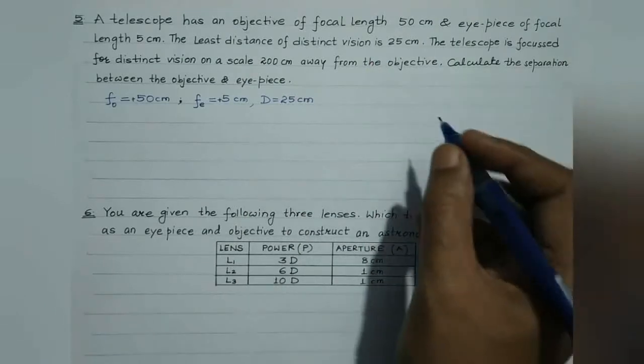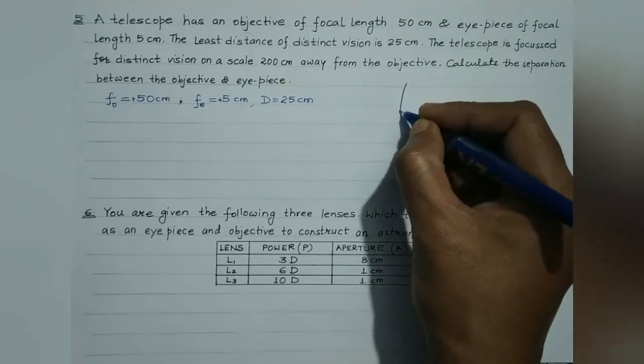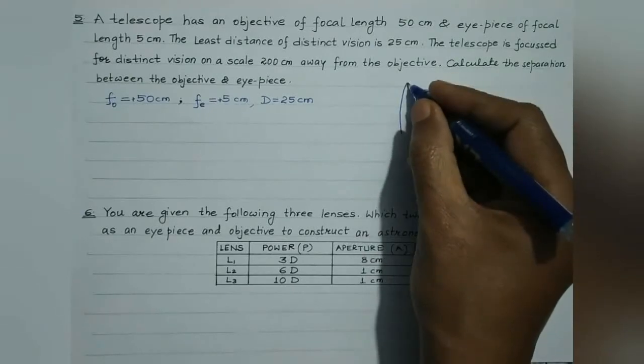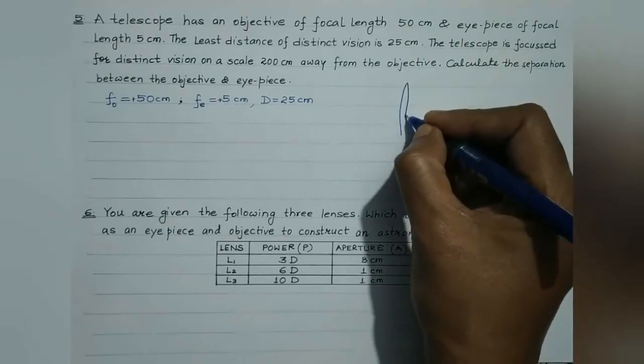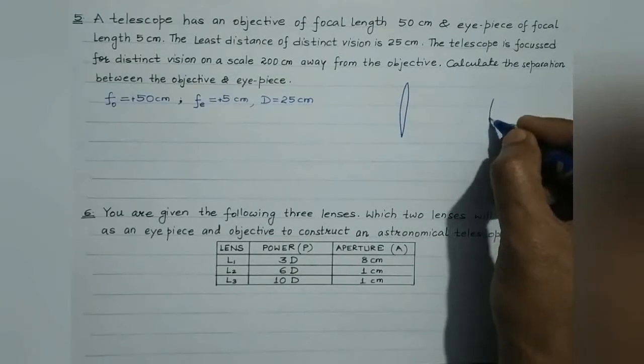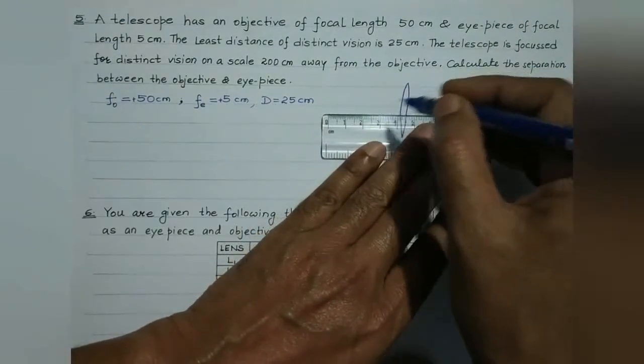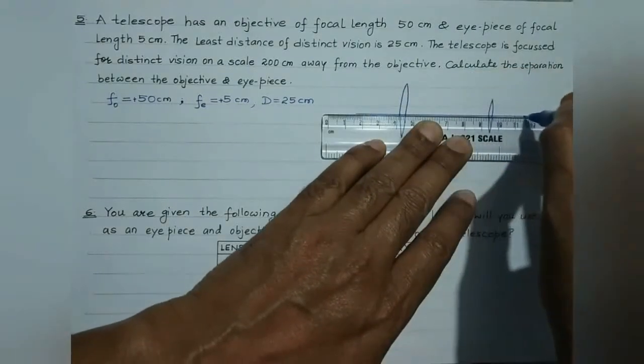Okay, I'll make you understand this question by drawing this diagram. In the case of a telescope, you're aware the objective should have large aperture and large focal length. While on the other hand, students, the eyepiece should have small aperture and short focal length, isn't it? Suppose this is the optical center and this is the line passing through the optical center of the two lenses.